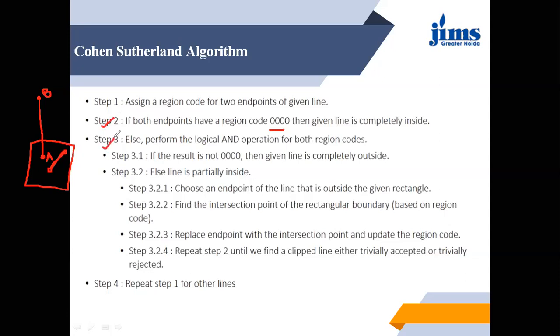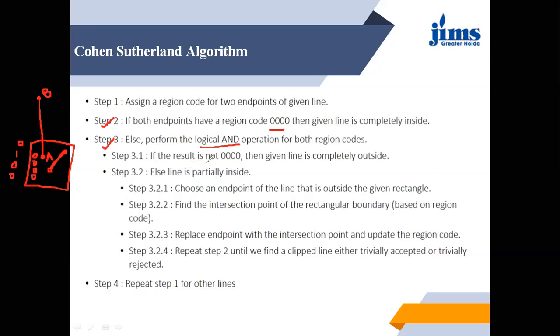Step 3: if this is not the case, meaning the line is not completely inside or visible, then we have to perform the logical AND operation of both region codes. Suppose the region code of this point is 0000, and we perform the AND operation with the region code of this other point, suppose 0010.